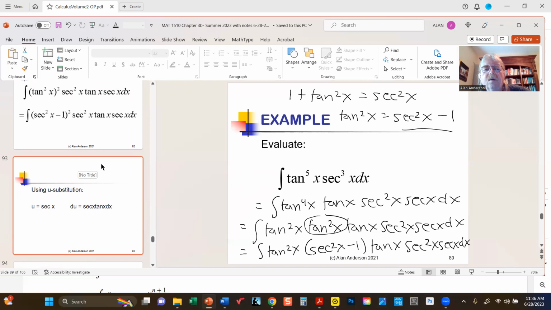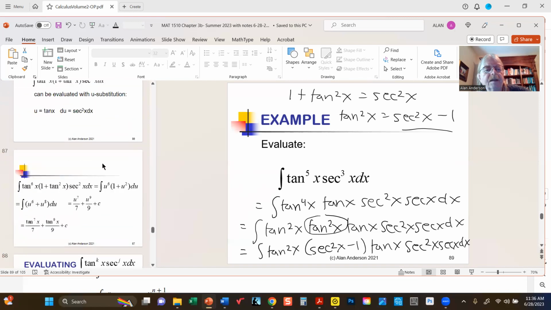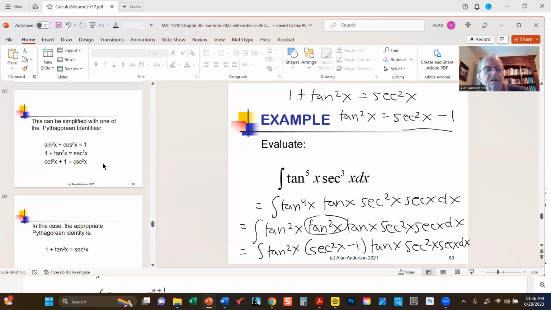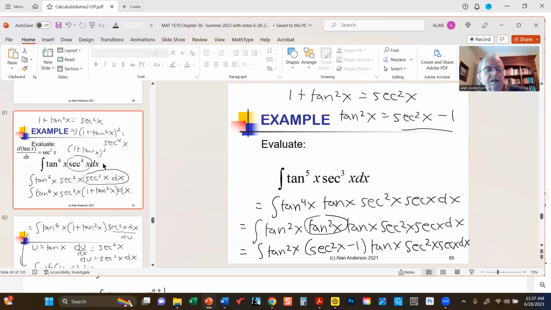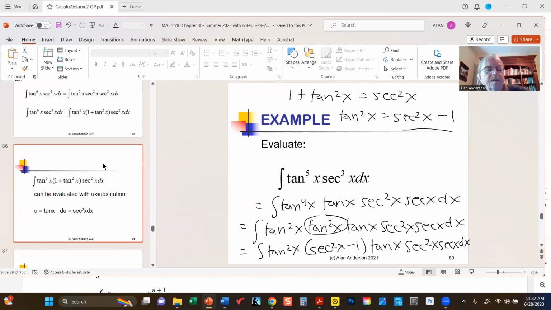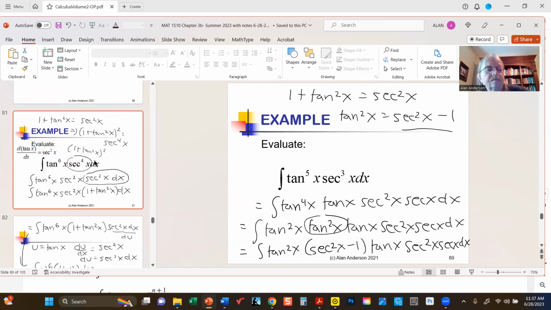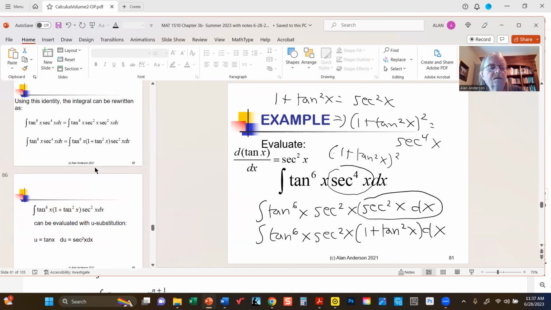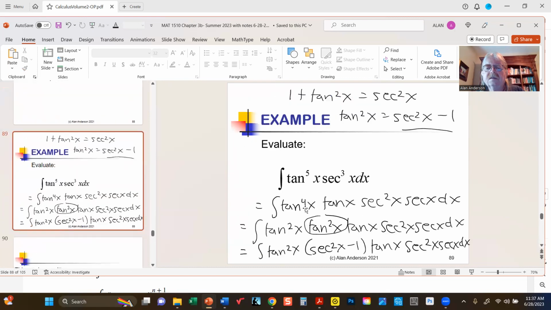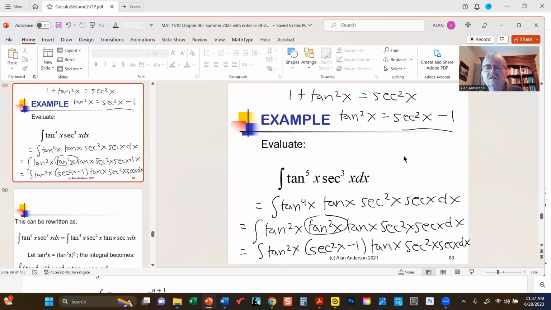Ultimately, what we're after is, if you recall from the derivatives that we had earlier, the derivative of the tangent is equal to secant squared of x. So remember, we're really ultimately building up to a pretty complicated u substitution.